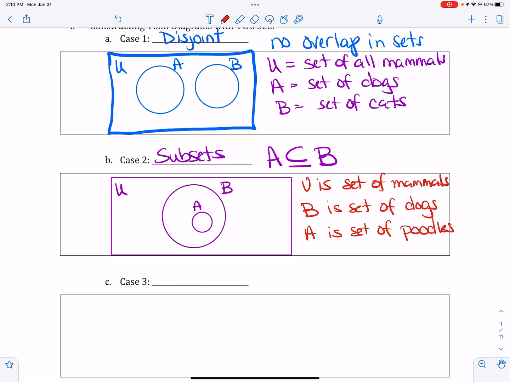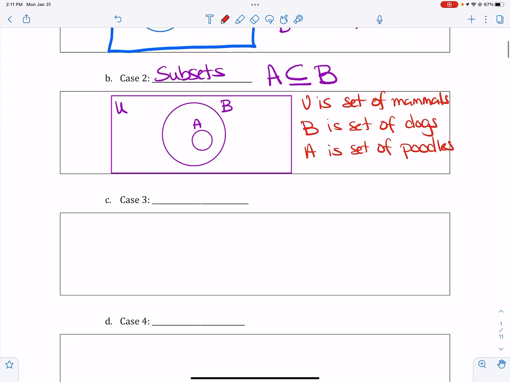Okay, so all poodles fall into the set of dogs, and all dogs are in the universal set of mammals.